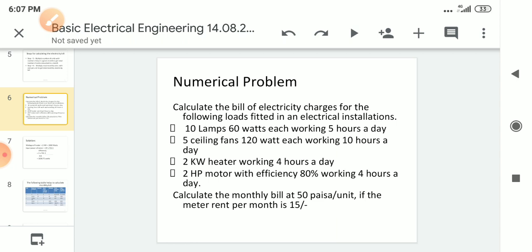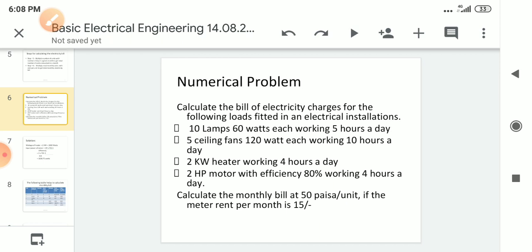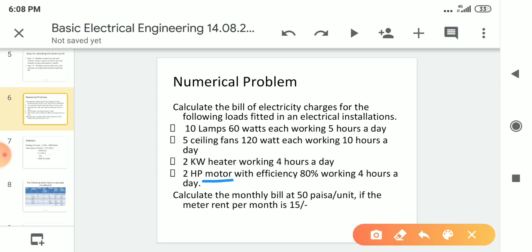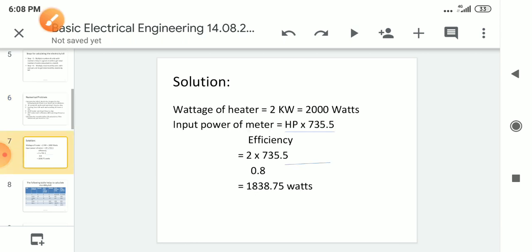Instead of giving in watts, they are giving it in HP. HP means what? Horsepower. To convert this horsepower into wattage, we take horsepower into 735.5, then it gives the watts.